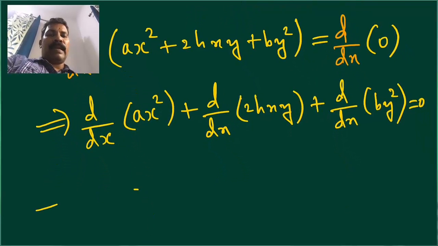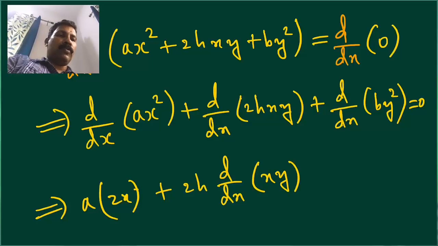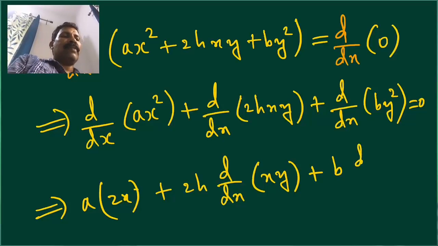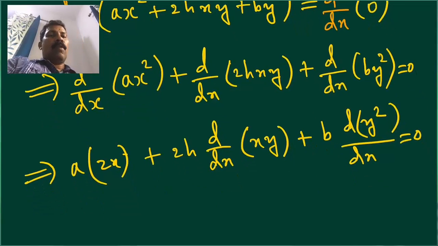Then we can take a outside, and the remaining derivative of x square is 2x, so that is over. Then here take 2h outside, then for the derivative of xy we have to use the product rule. Then here take b outside, then the derivative of y square with respect to x is equal to 0.